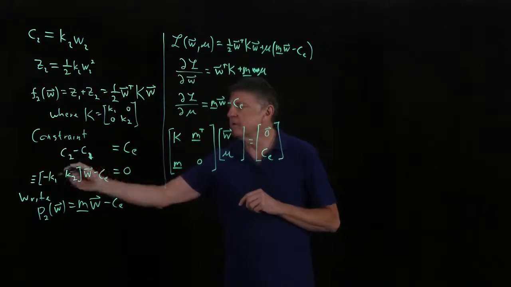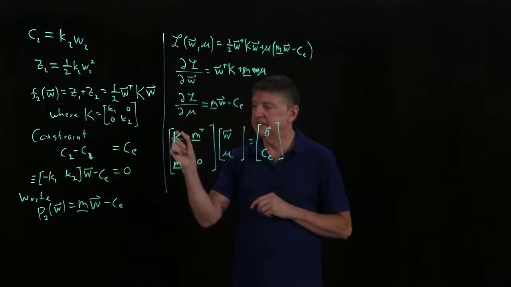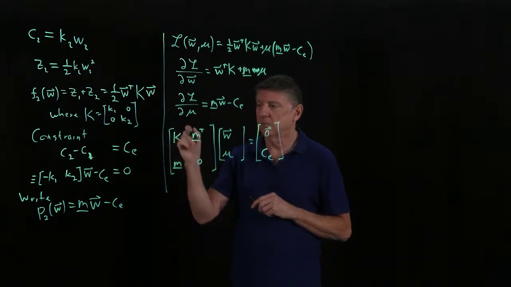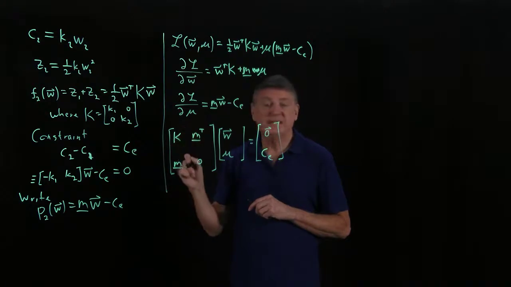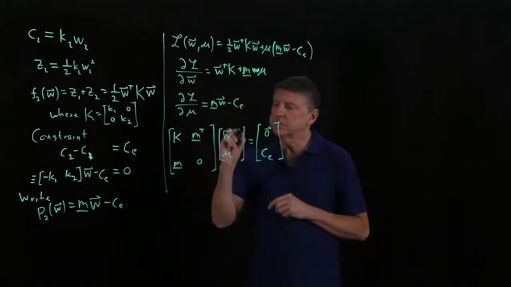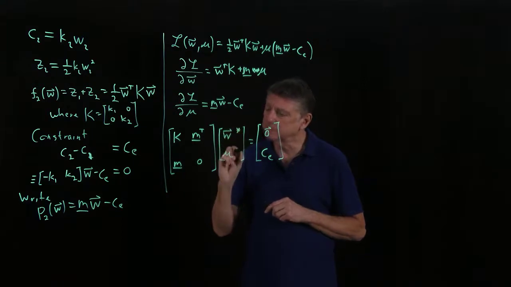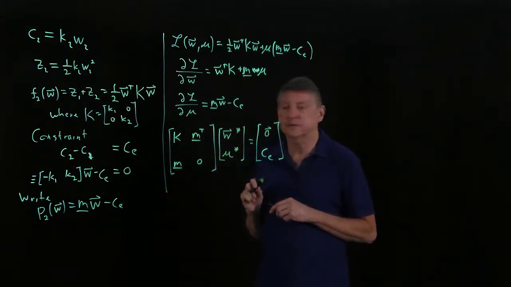That's the spring constant, so it has to be non-zero. That means these entries are non-zero, so this has to be a full rank problem. That means it has a unique inverse, so there can only be one solution, and I can put stars there and find the unique solution.